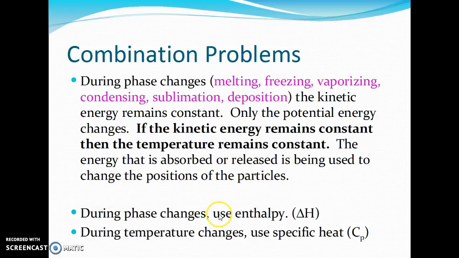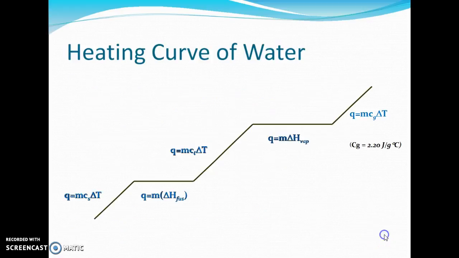During phase changes then, you'll use the enthalpy of fusion or vaporization, and if you have a temperature change, you're going to be using the specific heat capacity of the substance. So here's the heating curve of water, and here are the various formulas you will use. Here, when temperatures are changing, you use the specific heat capacity.